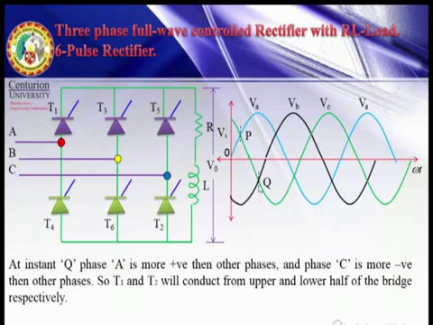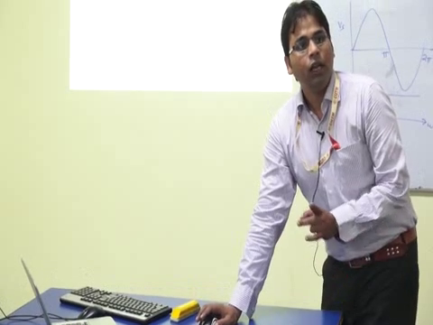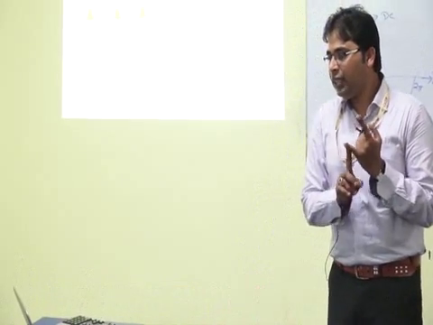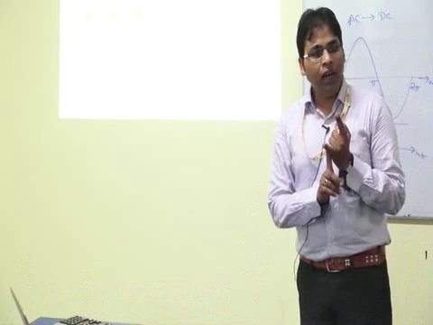In negative we have 2, B and C, but in positive we have only 1 phase. C is more negative than phase B. So which 2 will conduct? From phase A, 1 thyristor will conduct, and from phase C, 1 thyristor will conduct.